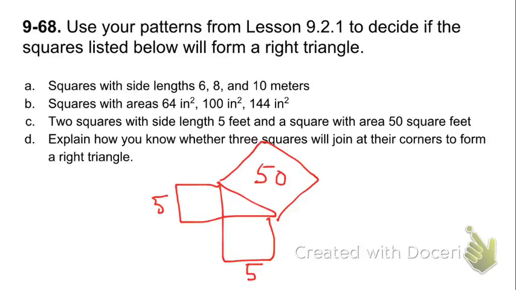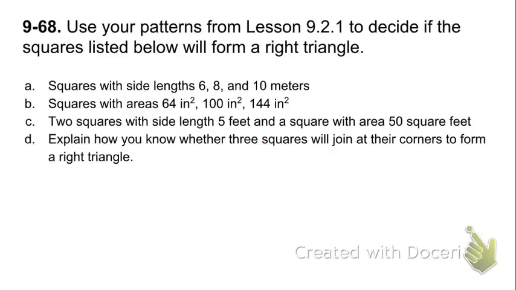Well, the area of these smaller ones should be 25 and 25. So if I had 25 plus 25, does that equal 50? Yes. And so the sum of the areas of the two smaller would equal the larger. That would form a right triangle.